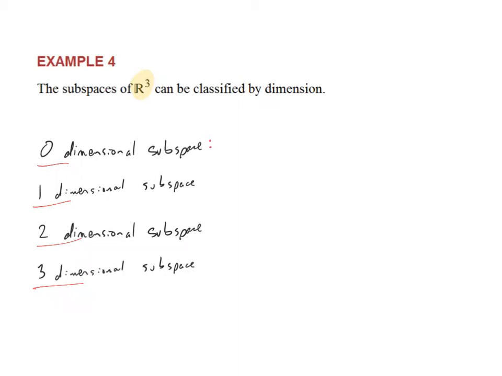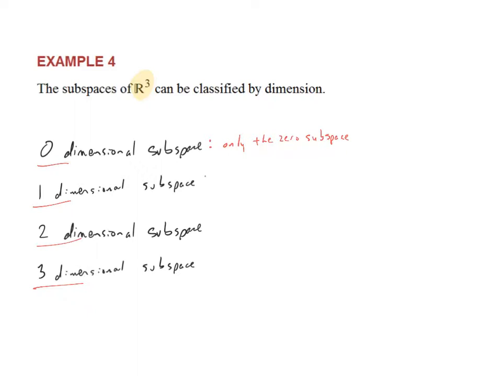That one's the pretty basic one. It's only the 0 subspace, the subspace containing just the 0 vector. Not very interesting, but it's still there. Its dimension is 0.